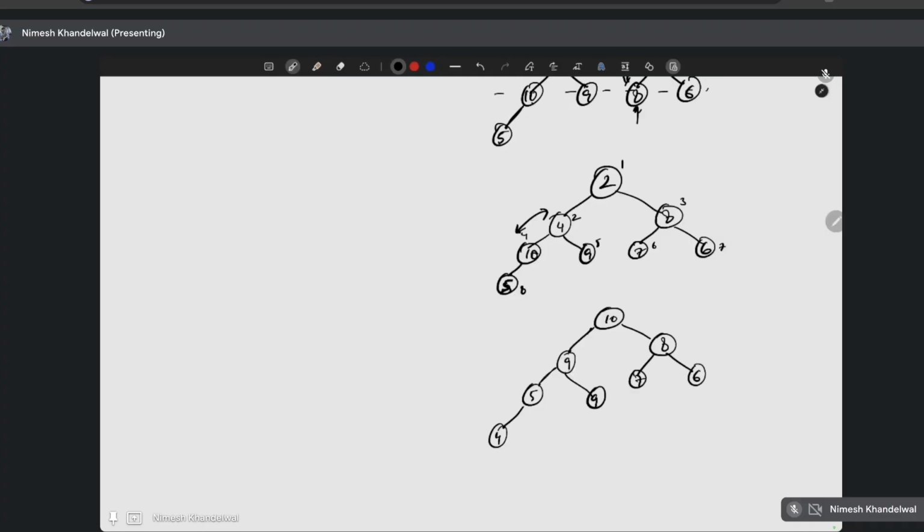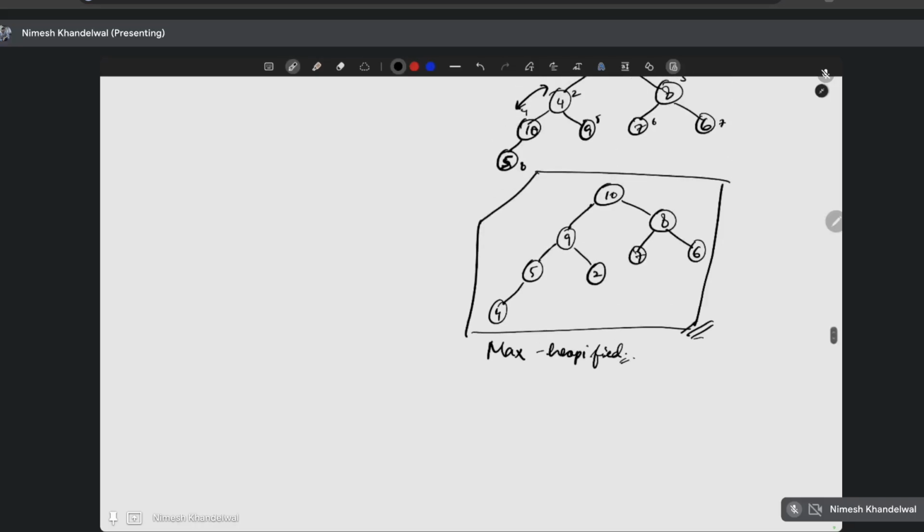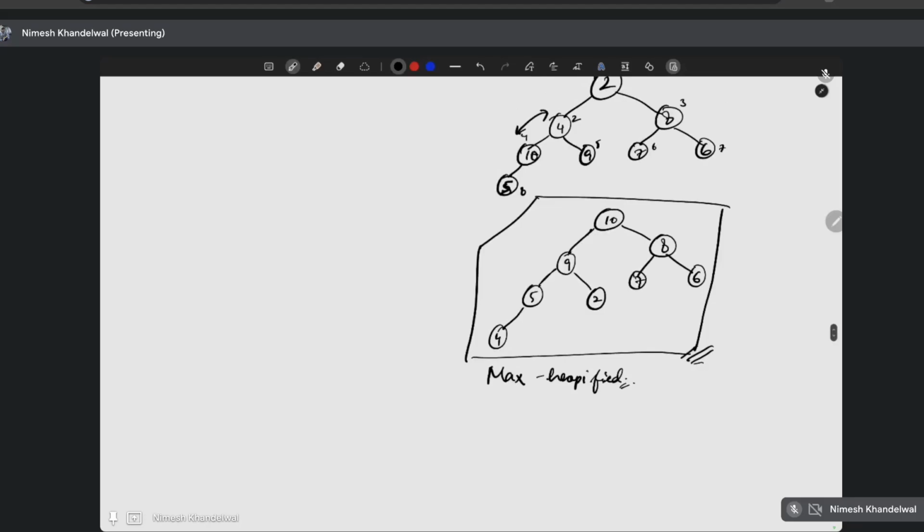So we get 9 here and 2 here. And at 2, it is already at the root level, so there is nothing to be done for it. So now, this is the max heapified form of the array, that follows the max heap property.